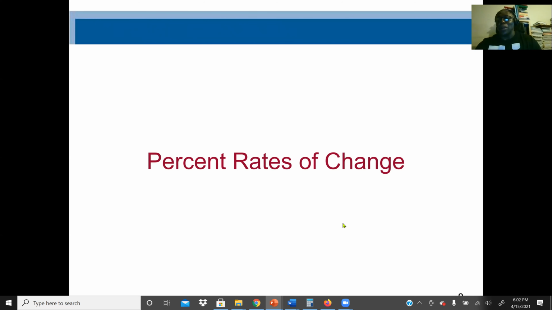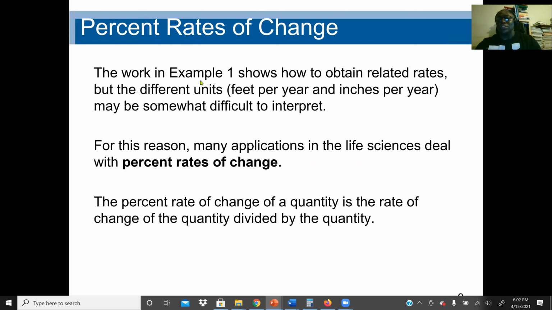The same concept, but this time it is percentage. So here we work example 1, which again concerns the radius of a tree trunk and the height of the tree related to time. The work in example 1 shows how to obtain related rates, but with different units, feet per year or inches per year, and this will be somewhat difficult to interpret.